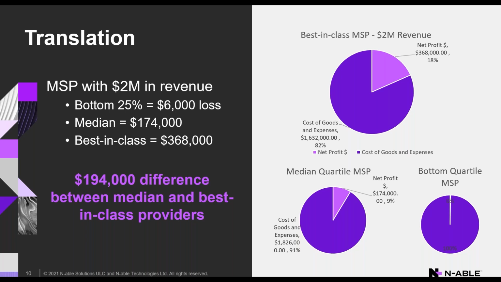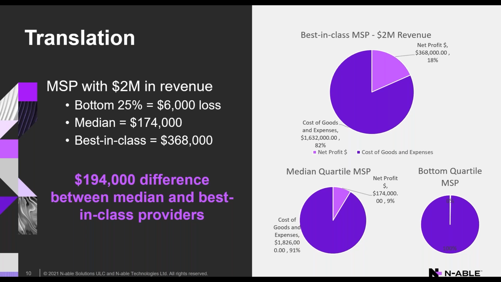So maybe a simpler way to view these three groups rather than EBITDA numbers is going to be sheer net profit. When we look at net profit across our MSPs, we see our bottom quartile is averaging a $6,000 loss year over year. Our median two quartiles are seeing a net profit of roughly 175K. And then our best in class are at roughly 370K net profit, right?